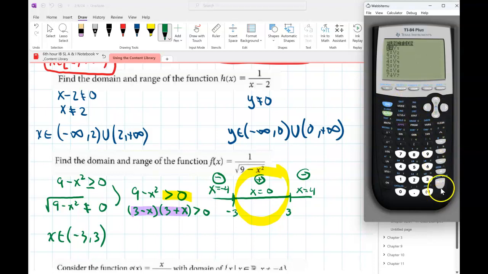I think I'm being deceived by that picture.